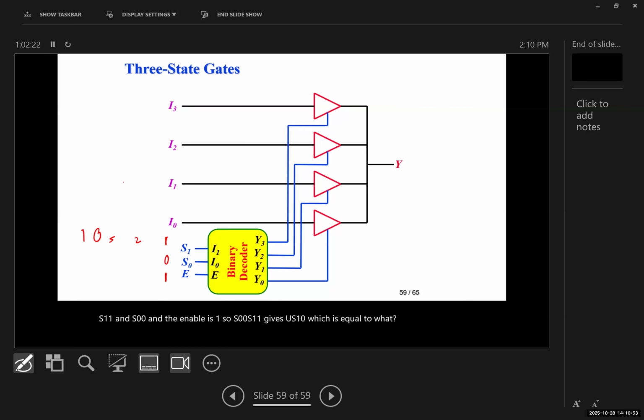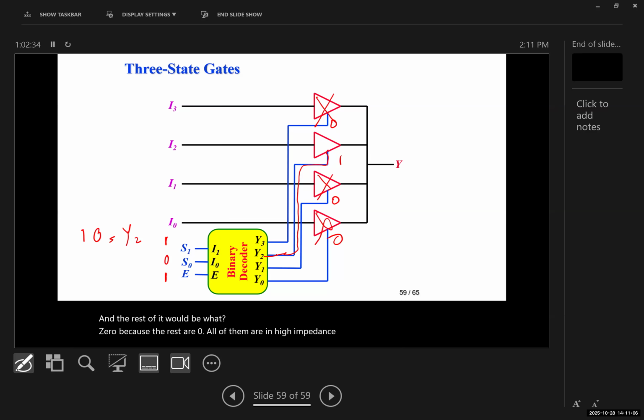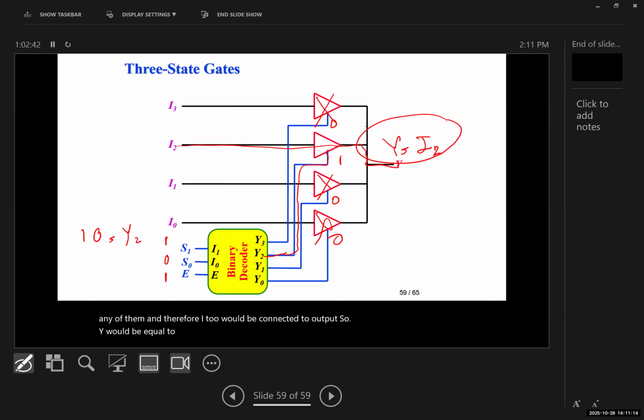Y2. So Y2 would be 1, and the rest of them would be what? 0. Because the rest are 0, all of them are in high impedance, so you're not going to connect any of them, and therefore I2 would be connected to the output. So Y would be equal to I2. And using the three-state buffer, we can build a 4-to-1 multiplexer.